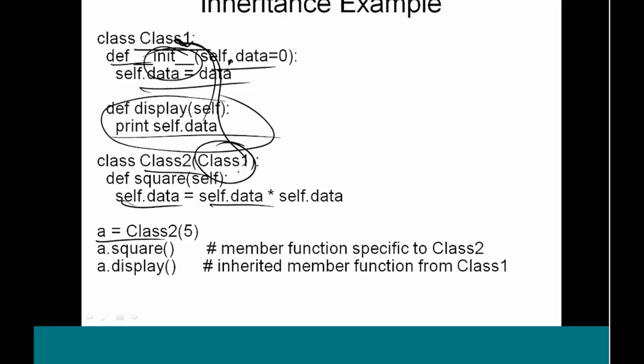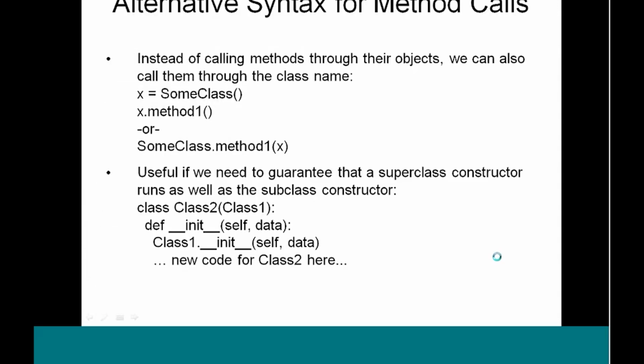So we can specify A as class 2 with 5, and then we can also specify A.square as well as A.display. A.square is defined here in this class, and A.display is actually described inside class 1. So the first one is a member function specific to class 2, and the second function is an inherited member function from class 1.